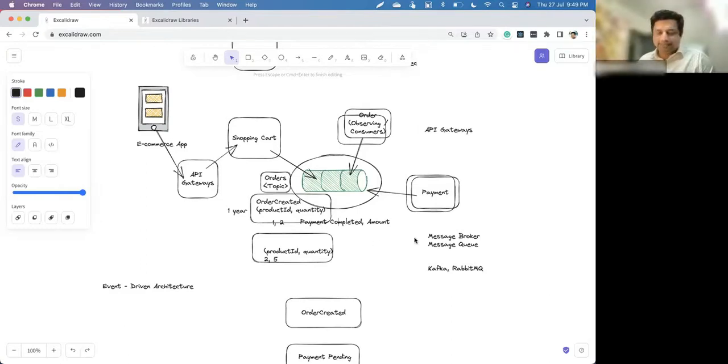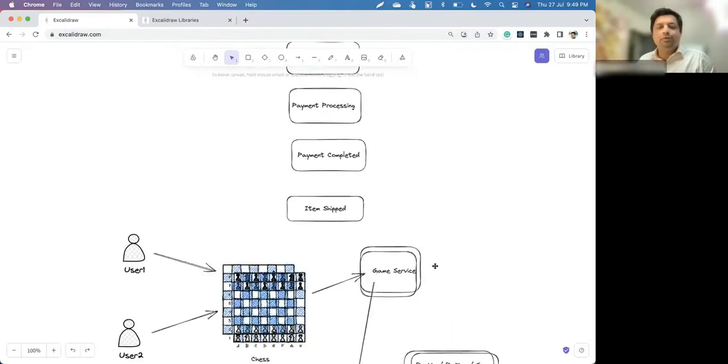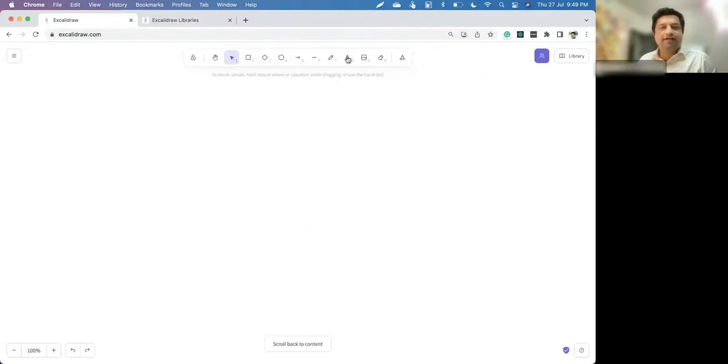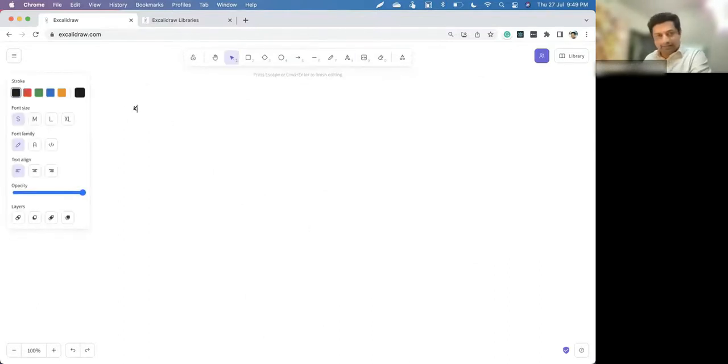Right. So let's take an example of the most popular message queue, which is Kafka. Let's discuss what it is, and I will try to help you understand the concepts, how to use Kafka, when to use Kafka, how it can help you in system design, and how you can present your design.